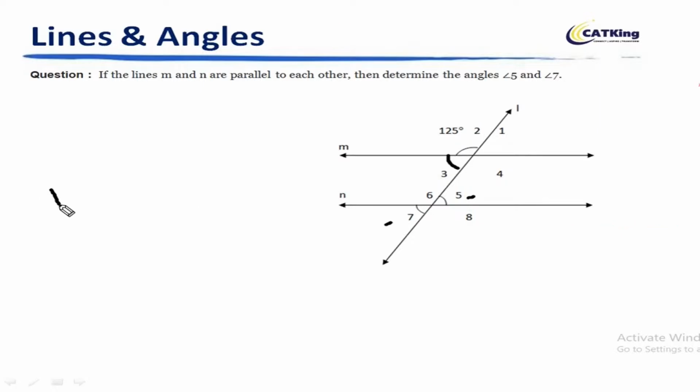This is 180 minus 125. 180 minus 125 is how much? 55 degrees.